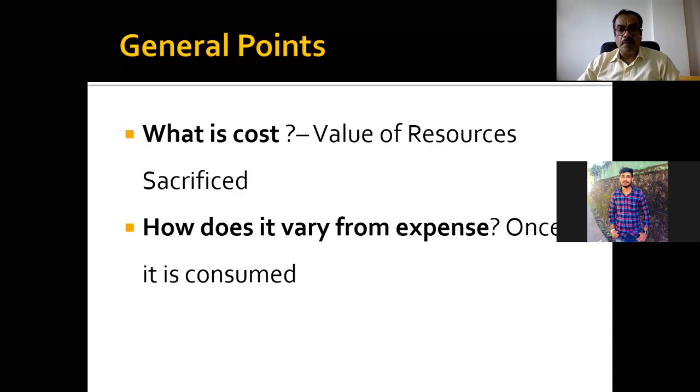Sometimes some items which are considered to be expenses are included again in costs. For example, depreciation of machines or other equipment used to manufacture another product, for example a table. In order to manufacture a table, you may use machines for grinding, polishing, cutting and so on in your production plant, and those machines are depreciated.